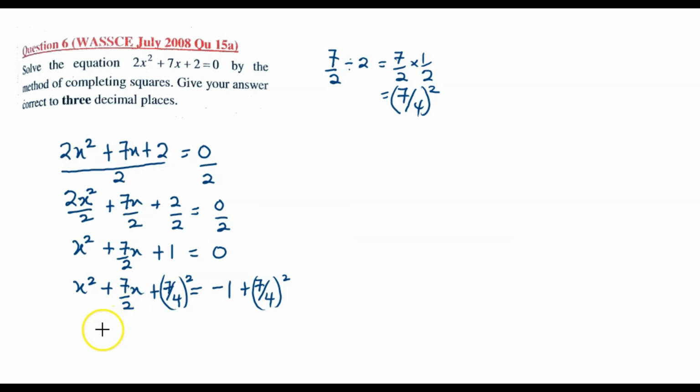So we can generate the factors for that perfect square, which is picking x and then picking plus 7 on 4. Then we square both. That will be equal to, simplifying the right hand side because they are like terms, -1 plus 49 on 16.